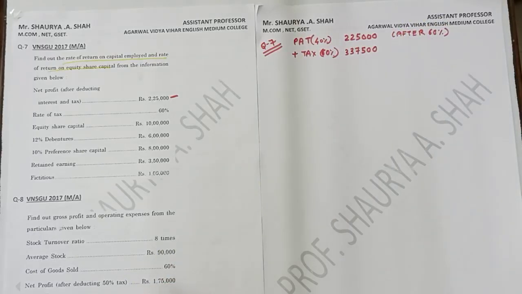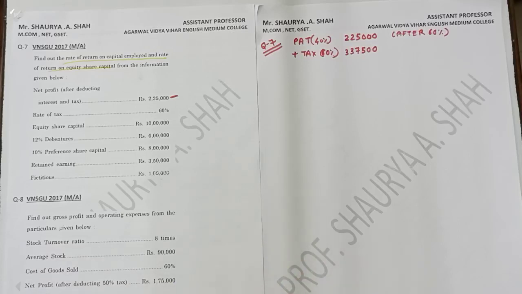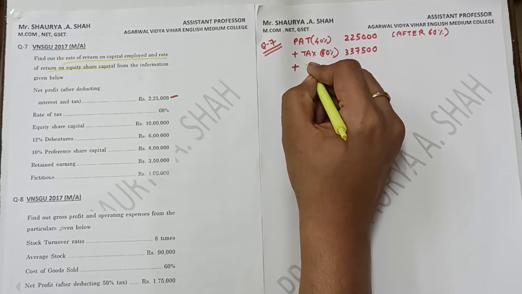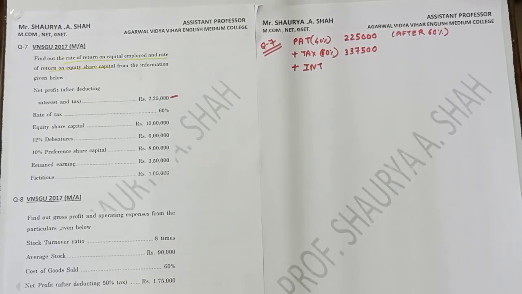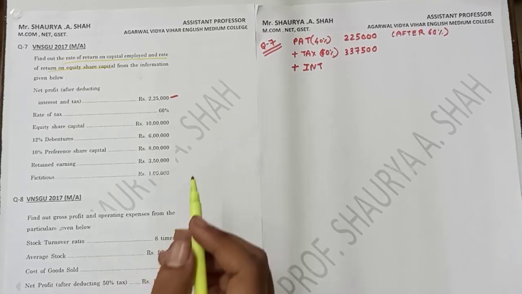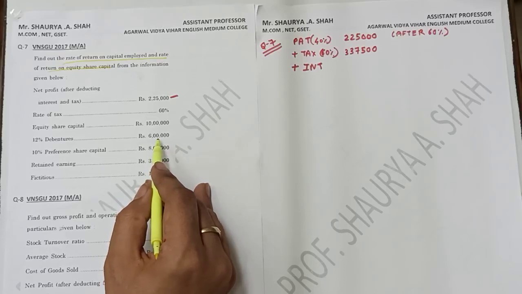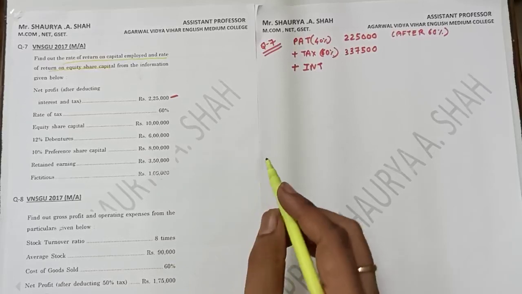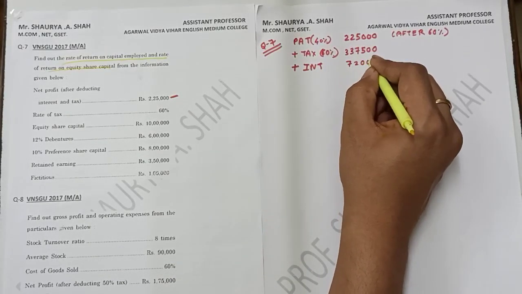Is it clear? Fine. Again, now we need your profit before interest and tax. So in that tax amount, again we will add the amount of interest also. Adding the amount of interest, as you can see in your questions also, there is only one security called 12% debentures, and that is 6 lakh. So 12% into 6 lakh gives me the interest of 72,000 rupees.